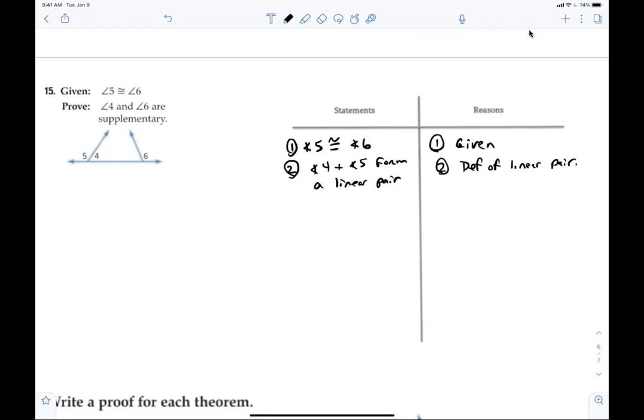So now, what could we say? Tell me. Yeah, absolutely. All right. Angle 4 and angle 5 equal 180 degrees.